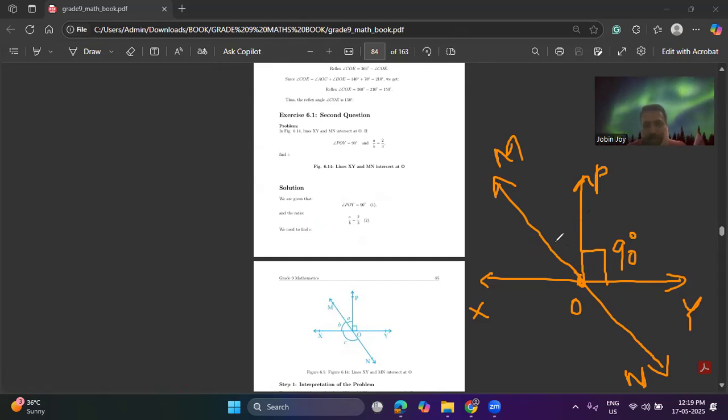And this is A, this is B, and this angle is C.